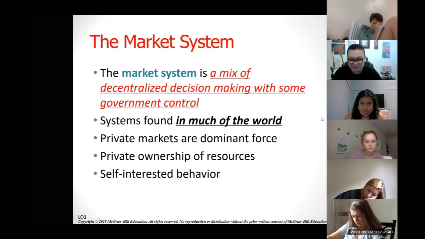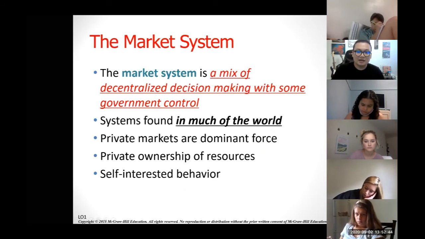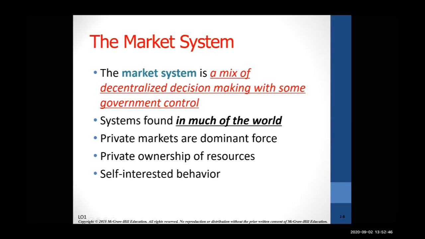So next, this is the thing I'm going to test you on: what is the market system? The market system is a mix of both, a mix of decentralized decision making with some government control. So the government does have some control, but not a lot of control.